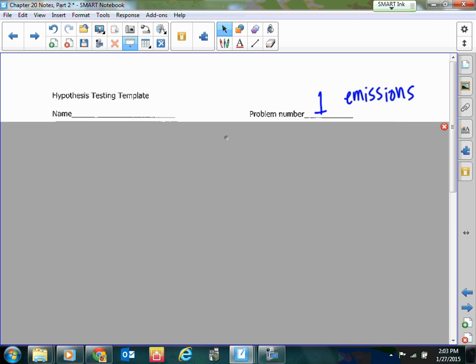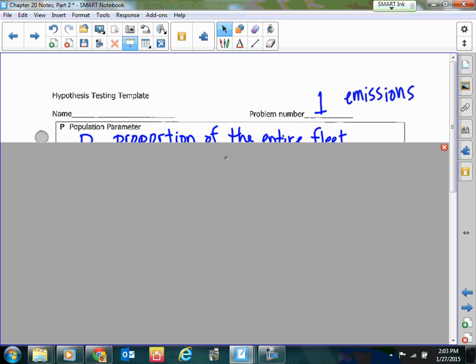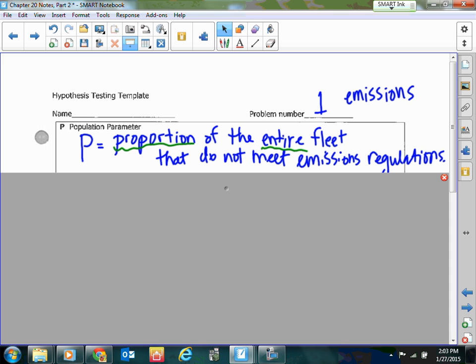So what will that look like in this case? Perfect. Very good. And anytime I can emphasize that it's the proportion of the population, I do that. So I'm going to attempt to conclude about the proportion of the entire fleet that do not meet emission regulations. That's what I'm making a conclusion about, the proportion of the entire fleet.